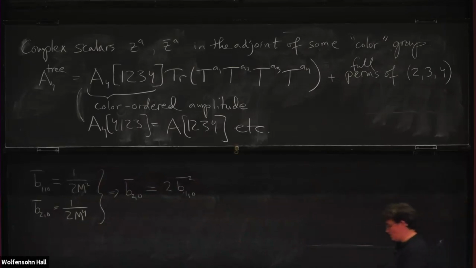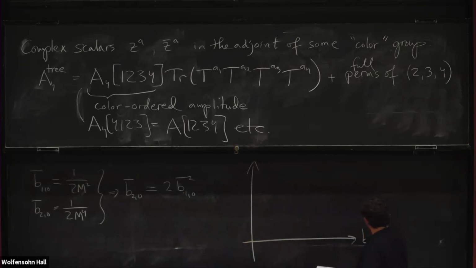Okay, so now I can go to my space and I can draw what it looks like. Okay, I'll make it bigger. Here, this is my space. This is B10 bar. This is B20 bar. And now I can see, if I look at m going from 1 to infinity, that each of these coefficients goes between 1/2 and 0.